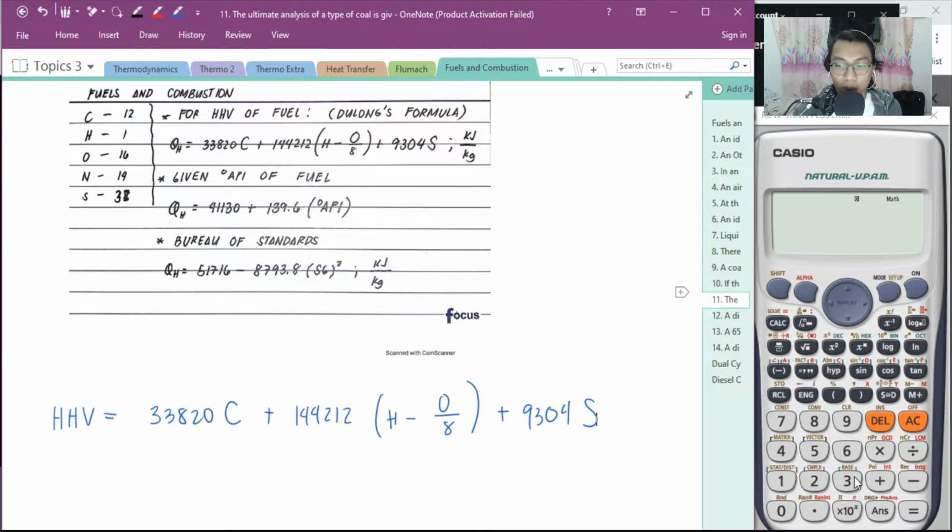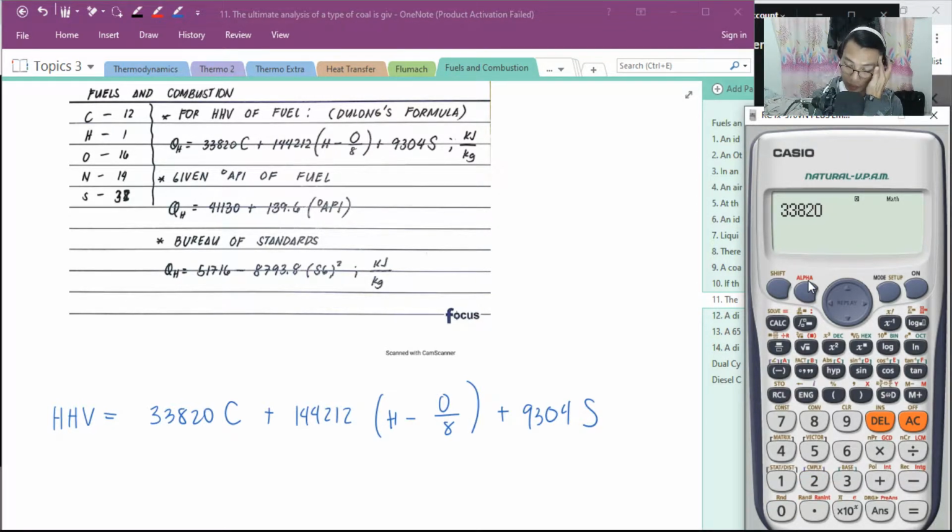Ganito po. 33,820 tapos alpha A plus 144,212 alpha B minus alpha C divided by 8 plus 9304 alpha D. And then all you have to do is to press calc or calculate.